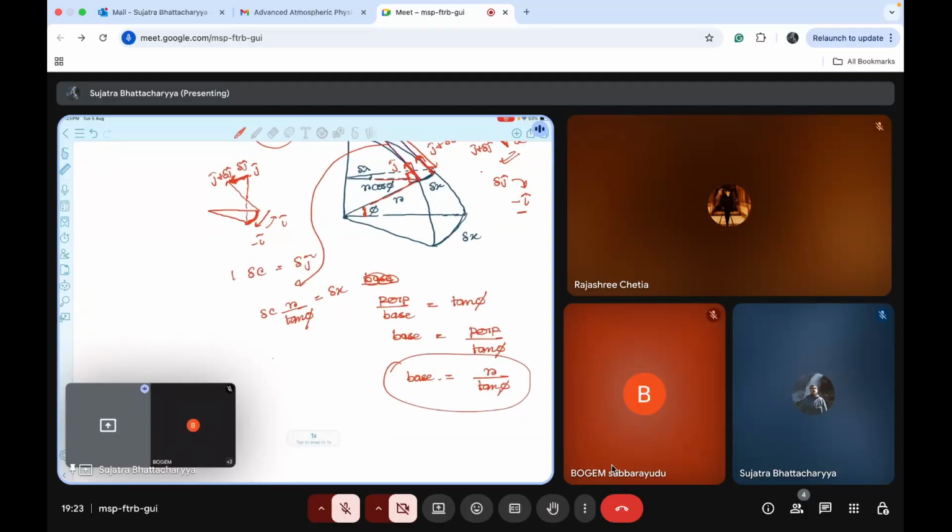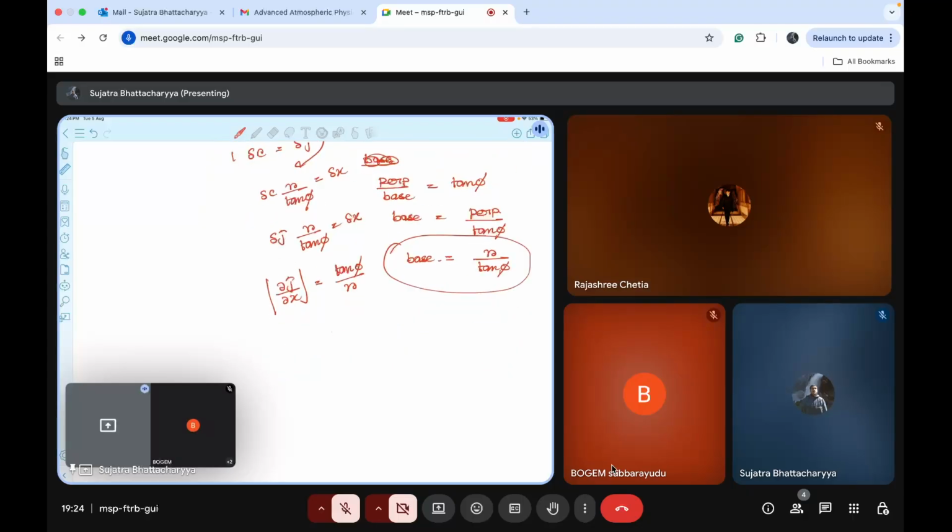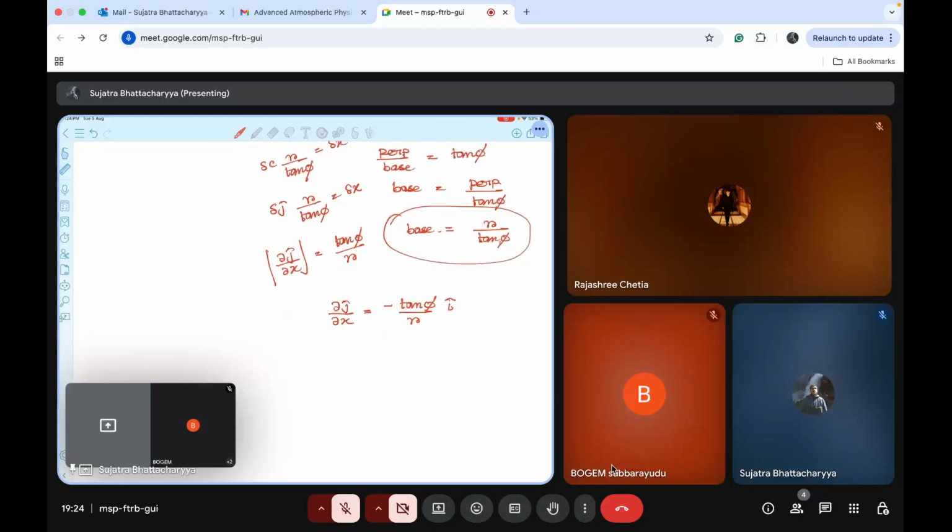So delta psi is nothing but delta j hat, and r by tan phi is equal to delta x. So delta j hat by delta x is nothing but tan phi by r. Therefore, delta j hat by delta x, magnitude and direction both, will give you tan phi by r, minus i hat. Very difficult to visualize.